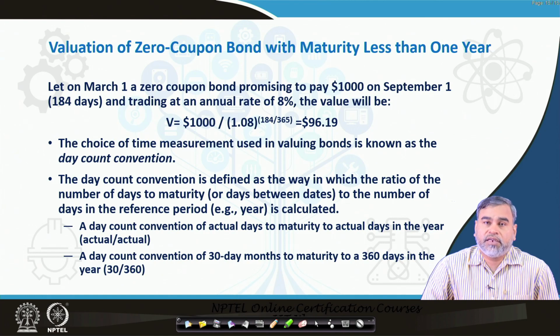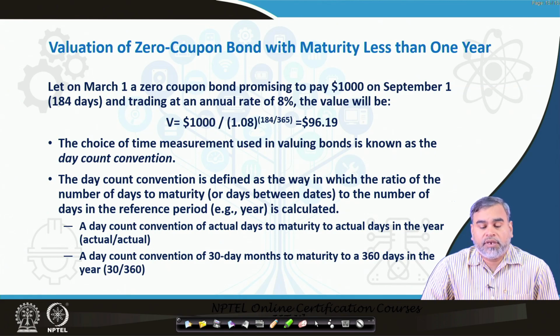Sometimes we may consider 365 and sometimes people consider 360. So, the choice of time measurement which is used for valuation of the bond is popularly known as the day count convention.